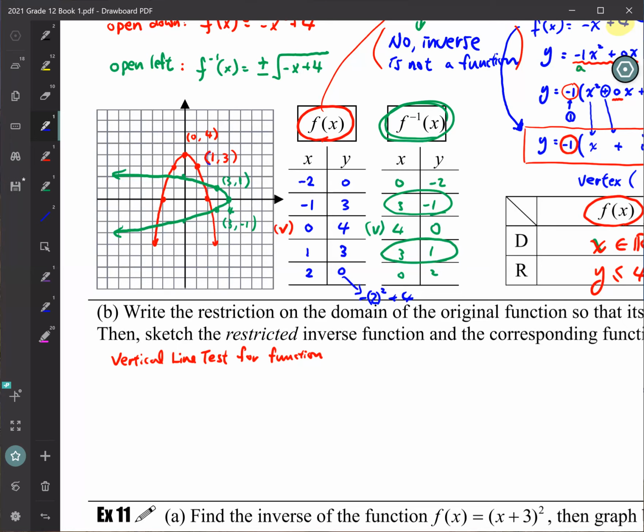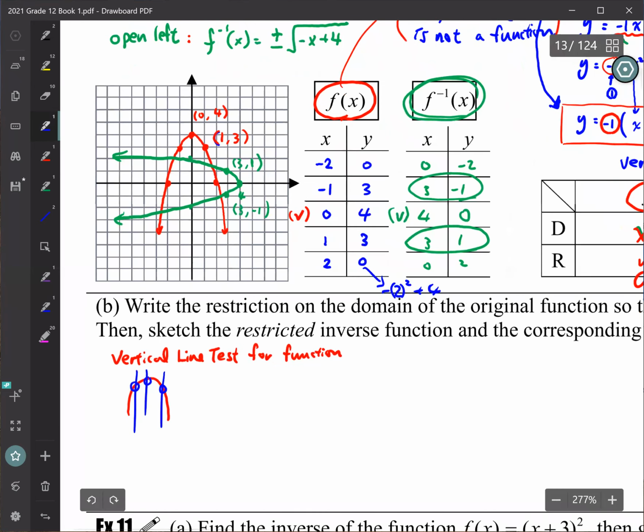So for example, for the red one, I should use red. Red is the original one. If I draw a vertical line, the vertical lines are the blue ones. The red one is the original parabola. No matter where you draw the vertical line, it only intersects once.